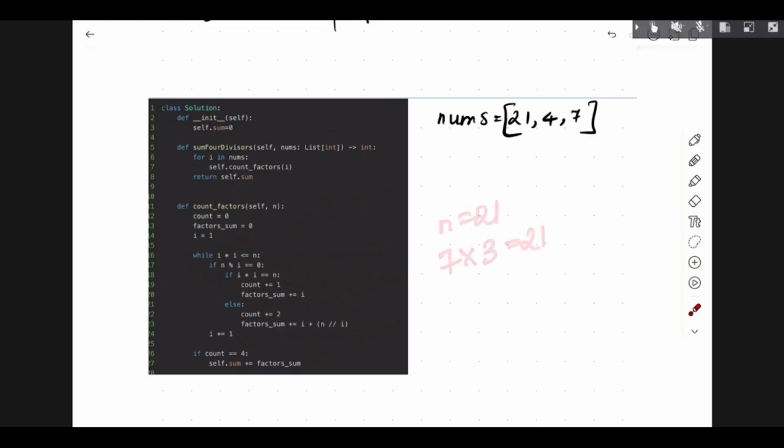So those cases like 3 and 7, all those values will be added here in factor sum, and finally stored in factor sum, and then we will be returning this value. So this will solve this problem.